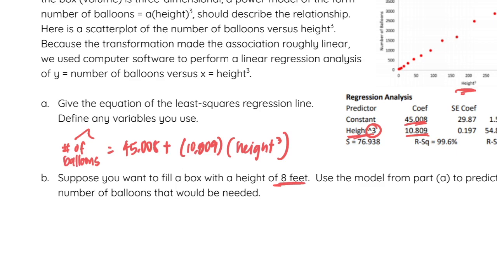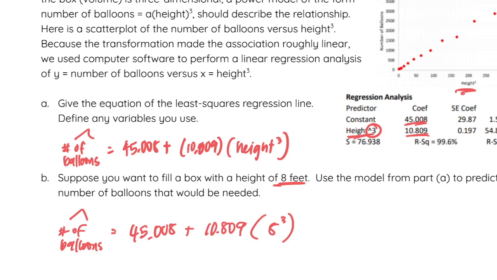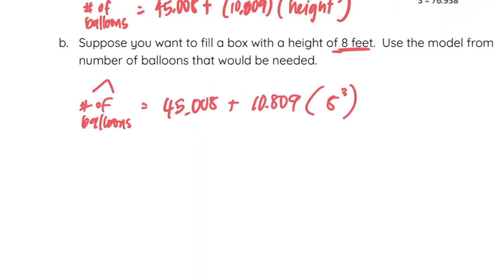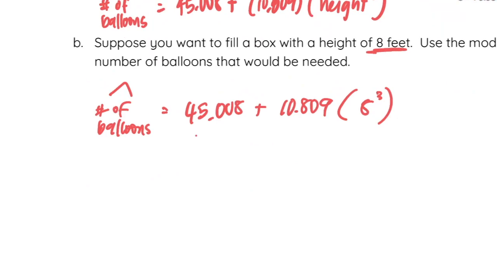Suppose you want to fill a box with a height of 8 feet, so you just plug in 8 for height. Don't forget to cube it though. And then when you plug this into your calculator, 8 cubed times 10.809 plus 45.008 is about 5,579 balloons.